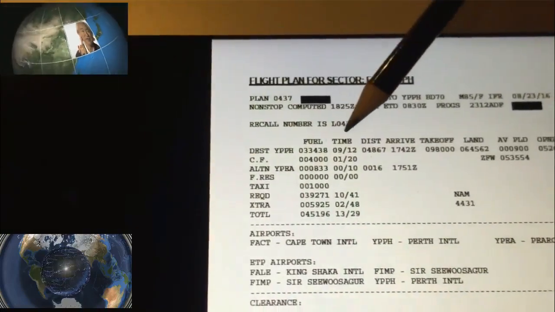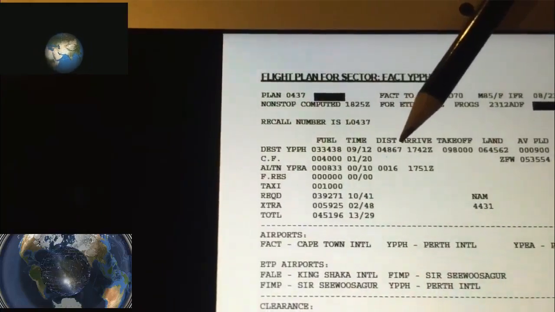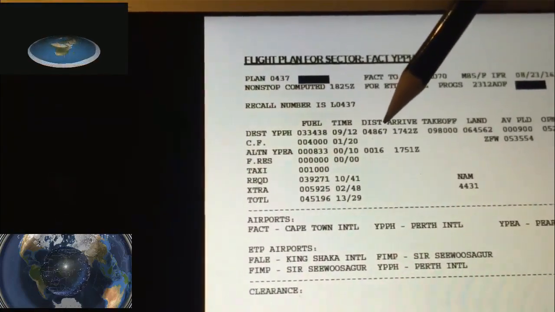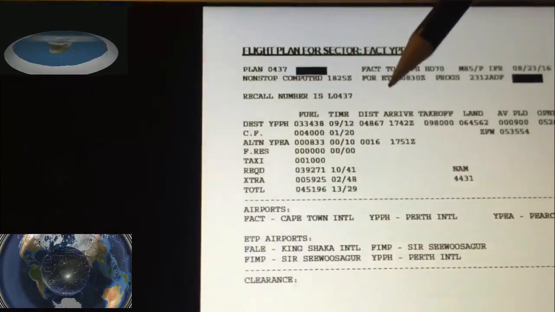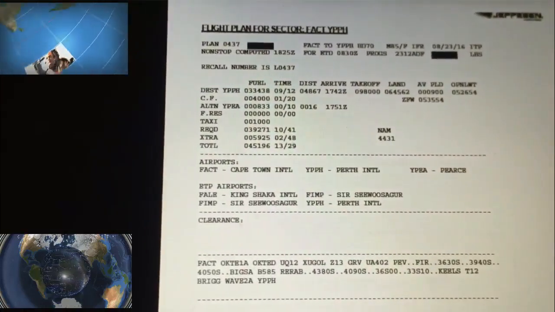Okay, so this is the Cape Town to Perth flight, which is what you see in the video. 9 hours 12, 4867 nautical miles. And what you'll notice in the video is that we actually did it in 4,811. Now that's because this flight plan also includes what's called a standard instrument departure.